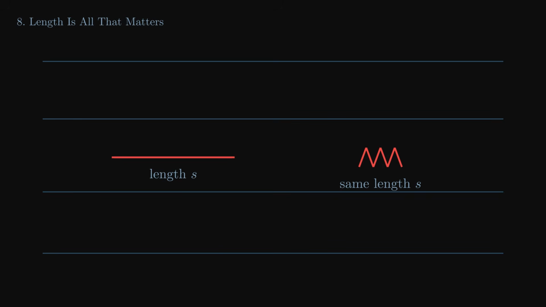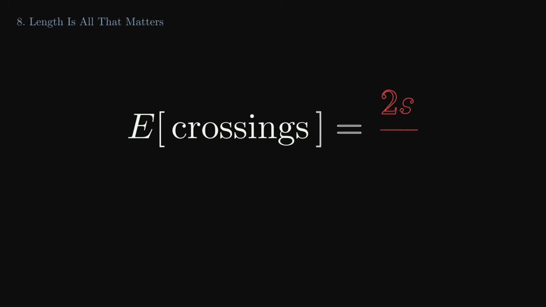Crossings simply add up, so the expected number of crossings for the whole curve is set by the whole length. Bend the wire however you like, and as long as the total length stays the same, the average number of times it crosses the lines stays the same. That is a striking statement. The expected number of crossings of a curve with a grid of random lines is proportional to the length of the curve and to nothing else about its shape.